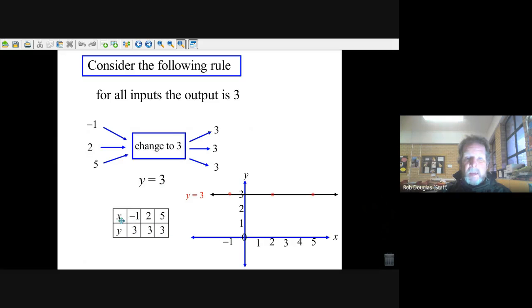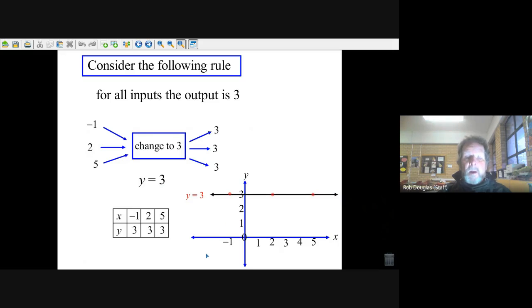You go in the x direction, 1 to the left, and 3 up. There it is. And then if the x direction is 2, you go 2 in the x direction, and then 3 again in the y direction. Don't really need to do another point, but if we go 5, it's also at 3. You're always at 3, so you draw a horizontal line right at 3 at y equals 3.